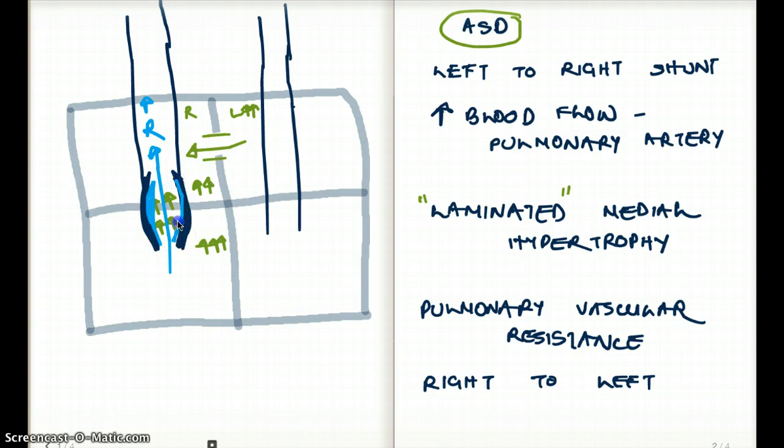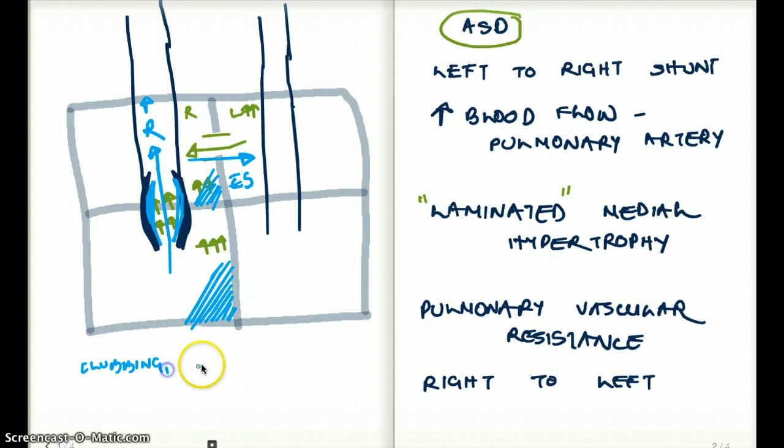That's when there is also reversal of shunt from the right side to the left side, because there is also right ventricular hypertrophy and right atrial hypertrophy. All this causes a reversal of shunt from the right side to the left side, which we classically know as Eisenmenger syndrome.